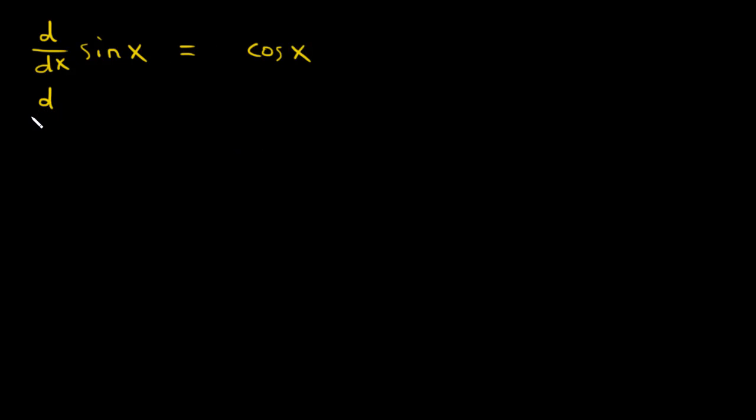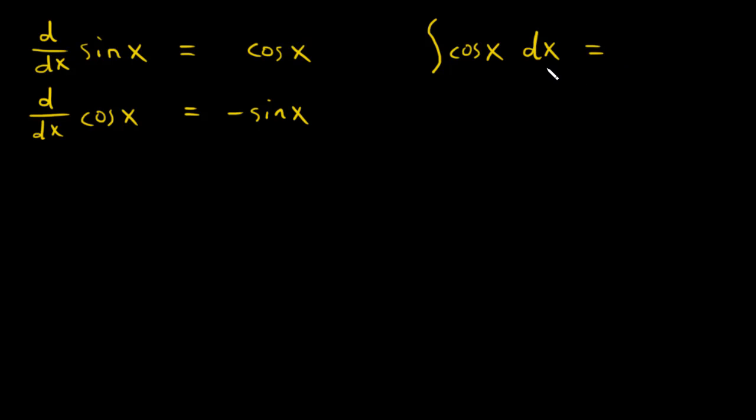The derivative of cosine x is negative sine x, right? Now, here's your question. What is the integral of cosine x dx? Well, the integral of cosine x is what did I differentiate to get cosine x? And that is just sine x. Okay?